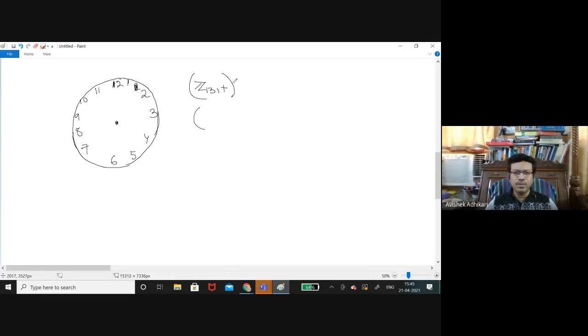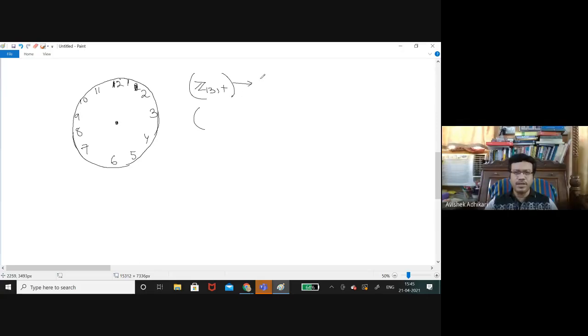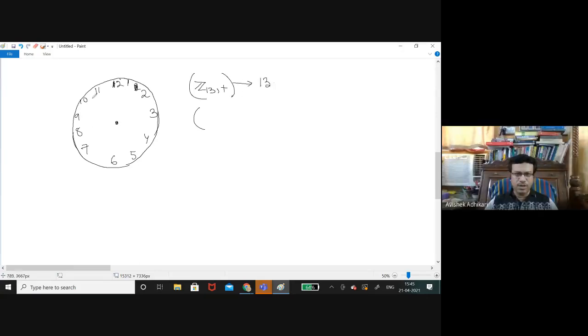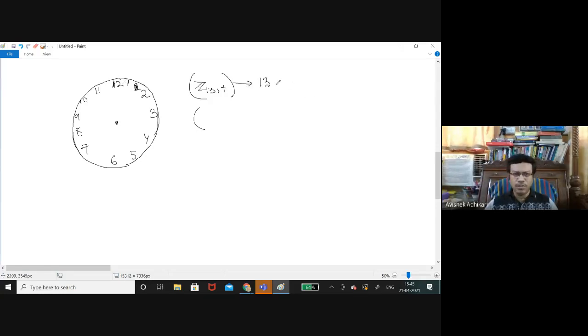How many elements will there be in addition modulo 13? 12 with 0 included, so there will be 13 elements, right? But here there are 12 elements. It starts with 1 and ends with 12. If we include 0 there, but 0 is not here. Okay, but it was a good try.